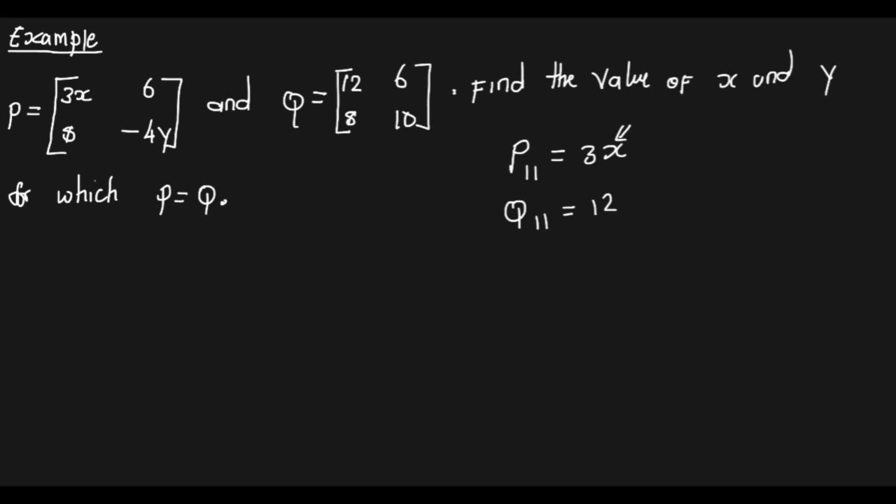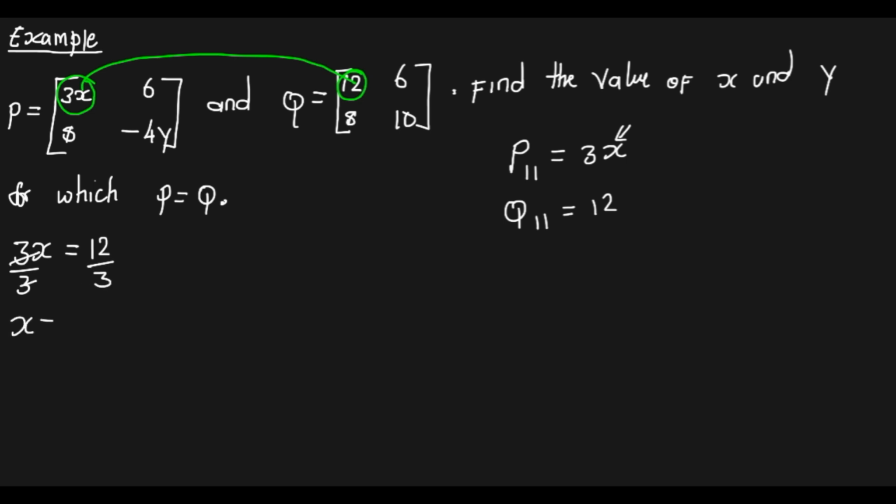Now how do we solve a question like this one? We are saying this element must correspond to this element. So you need to say 3x is equal to 12. You just have to solve it the way we do with equations. Since we are solving for x, we divide by 3 on both sides.